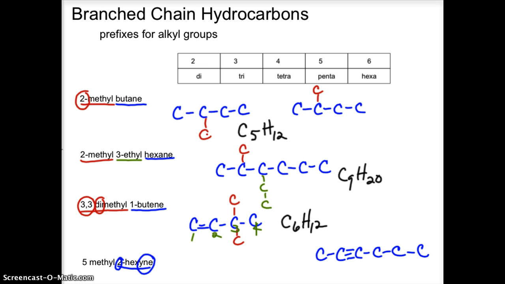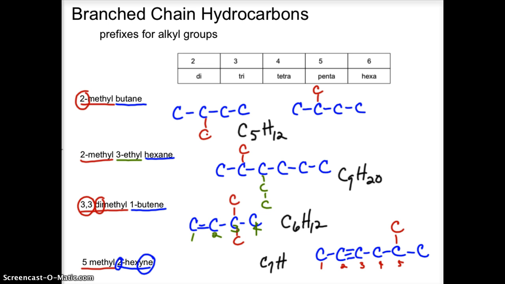And then when I look at what's in front of it, the 5-methyl means that on the 5th carbon, so that would be 1, 2, 3, 4, 5, on the 5th carbon, there is a methyl group. The molecular formula for this structure, since it's an alkyne, looks like we have 6, 7 carbons total, so that would be C7, and H would be 2N minus 2 since it's an alkyne.